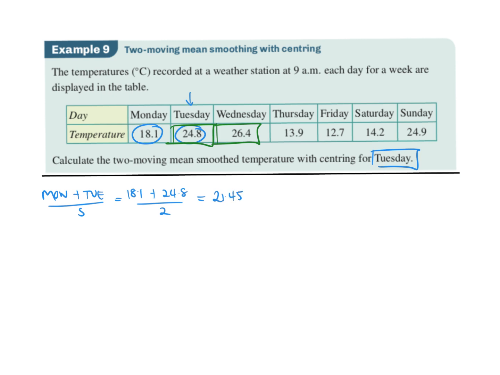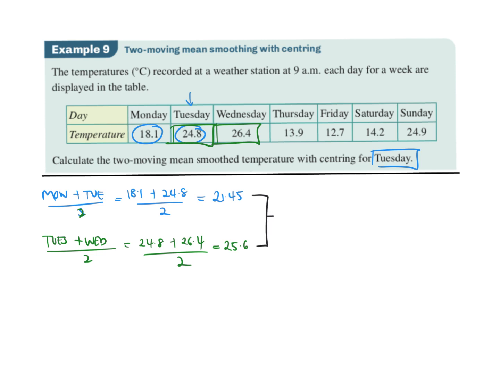Then I do the second option, where we do Tuesday and 1 day above, Wednesday, and we divide by 2. That's 24.8 plus 26.4 divided by 2, and we end up with 25.6. Then the next thing, we have to add those 2.